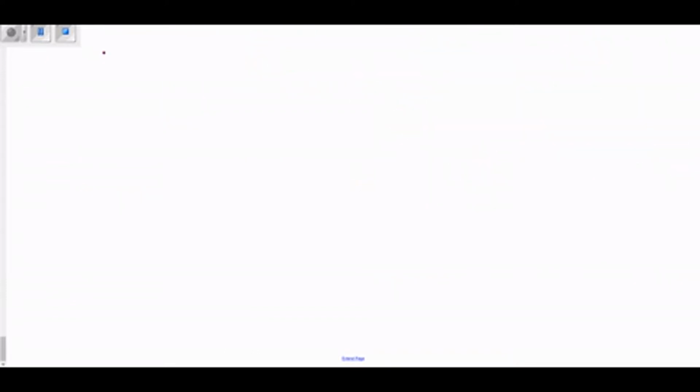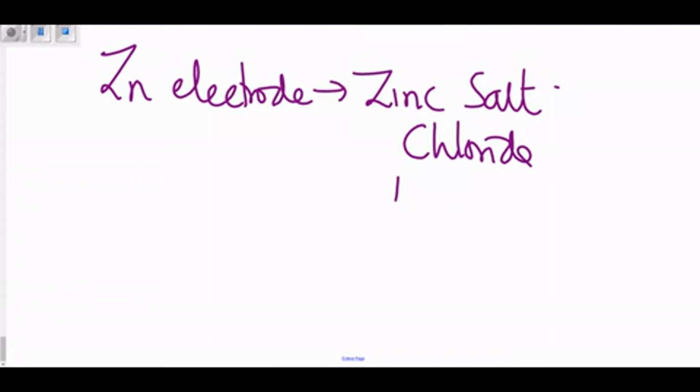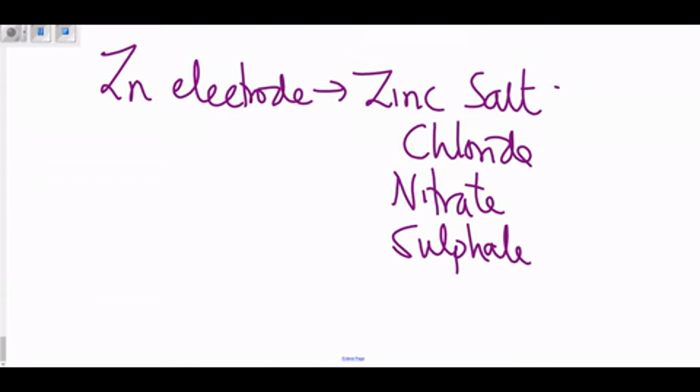For example, if I'm using a zinc electrode, then I should use a zinc salt. The salt could be a chloride, a nitrate, or a sulfate. So you could have zinc chloride, zinc nitrate, or zinc sulfate, any of the salts, because it must be an ionic salt.